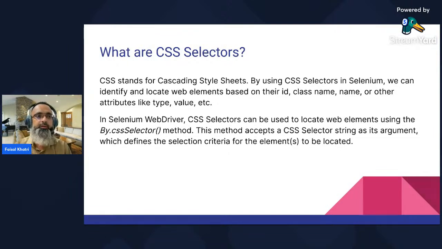Inside the brackets we provide the CSS selector locator strategy in string format, and it will help in selecting the web element and interacting with it when the automation tests are run. These CSS selectors can also be chained together, like we can chain the id attribute with the type attribute. We can also use the class and the value attribute as well, in the Selenium automation test.